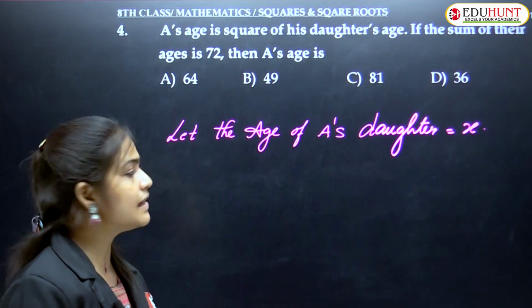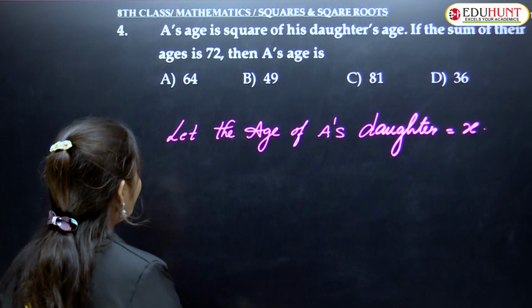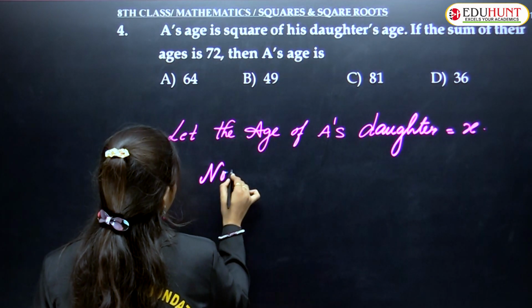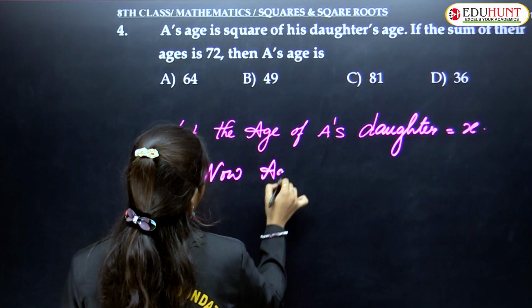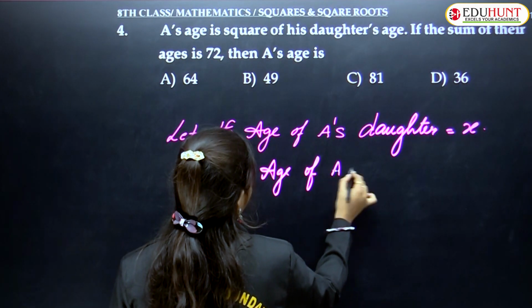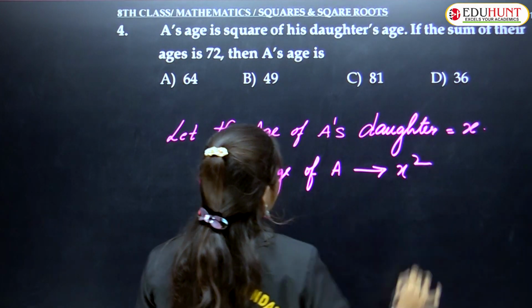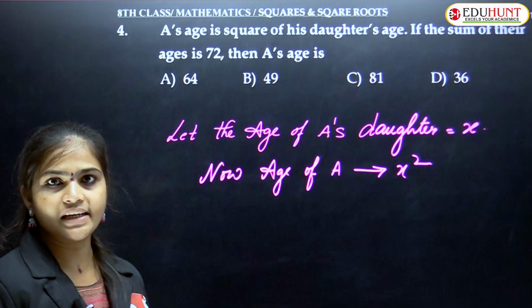A's daughter's age is some x. Now the age of A is x square. That's what they gave in the question, no?